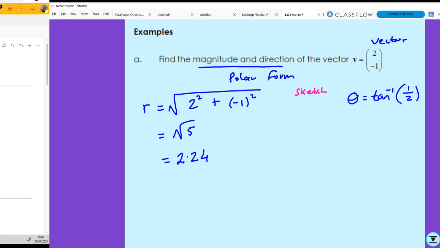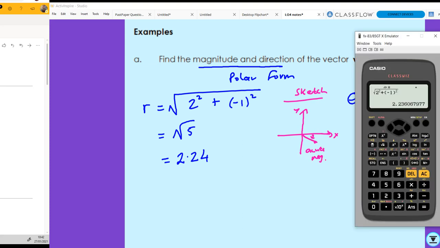So you absolutely need a small sketch. There's your x, there's your y. This vector goes 2 along in the x direction, 1 down in the y direction. That means your vector is down here. It's an acute angle, but it is a negative.